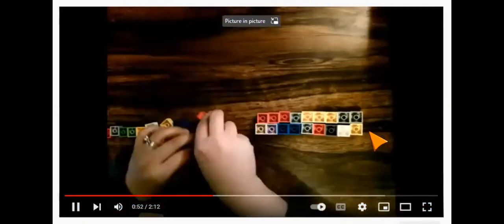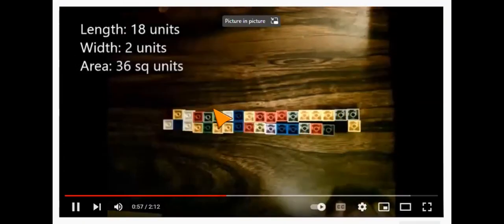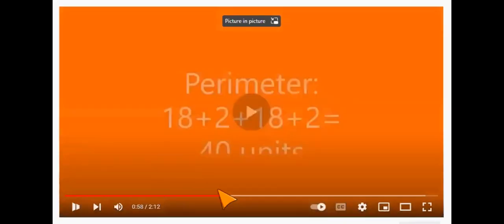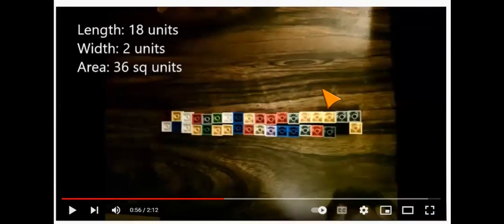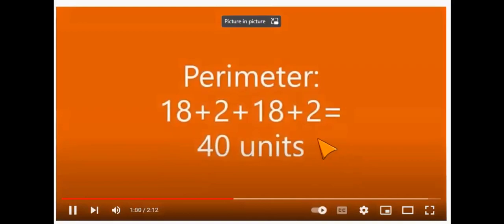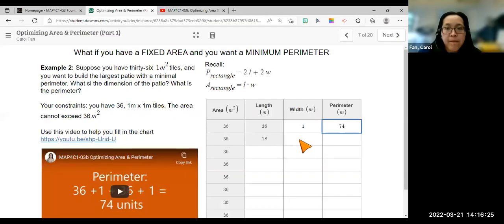Our next one, we could line up all of the tiles so that there are 2 rows of 18. My perimeter, 18 plus 18 plus 2 plus 2, that would be 40.